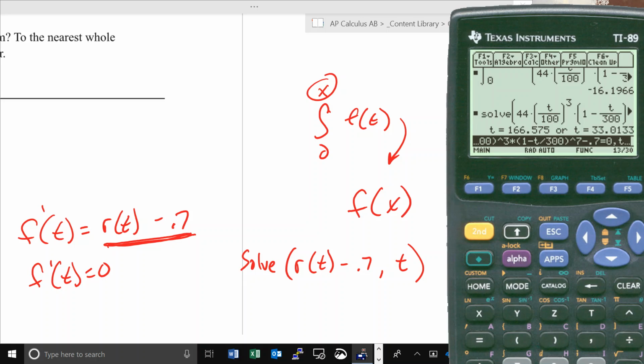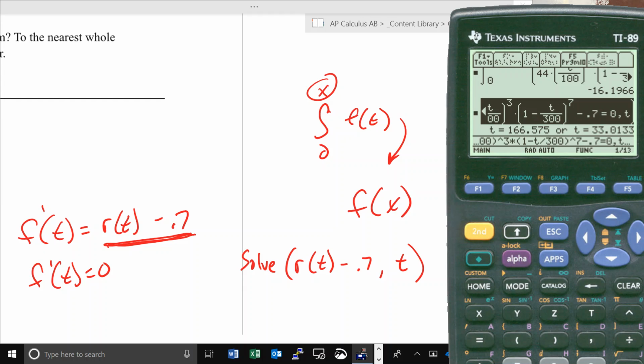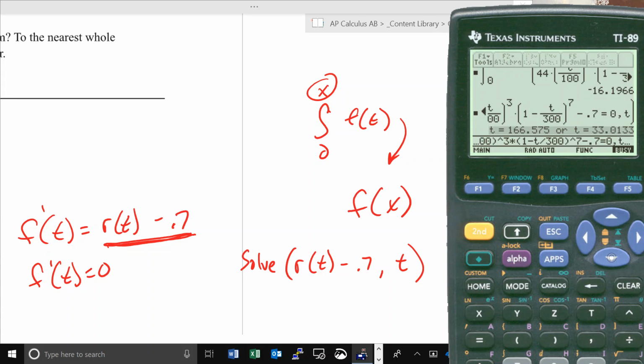I put my whole function in, minus 0.7 equal to 0, in terms of t. And it gave me the two answers, 166.575 and 33.013.